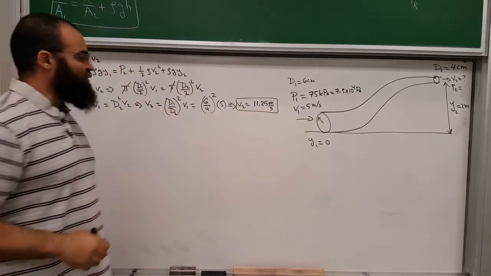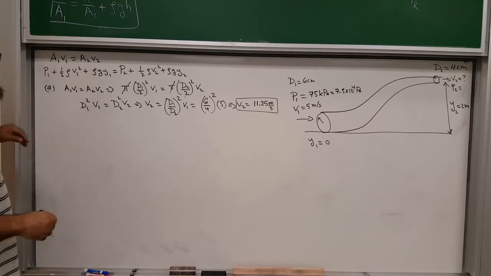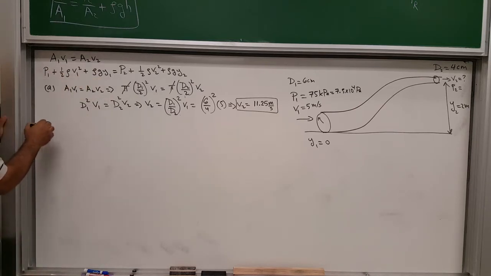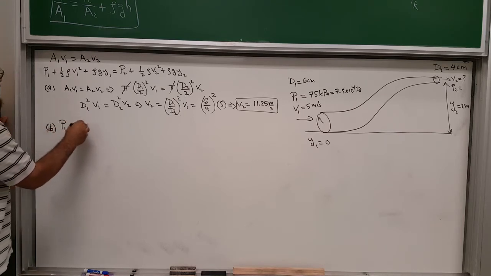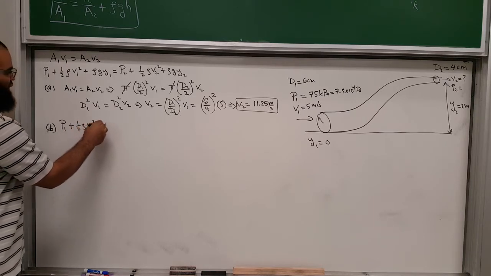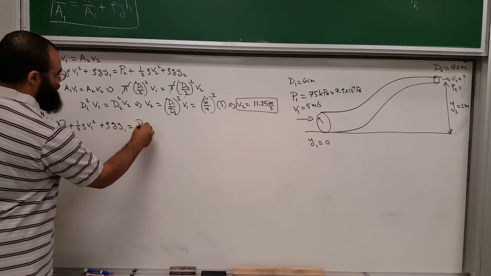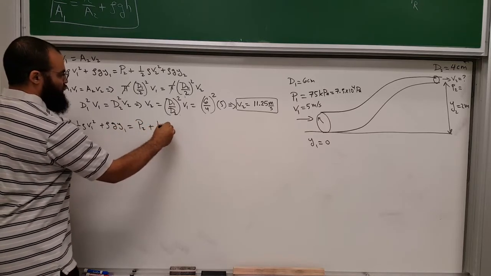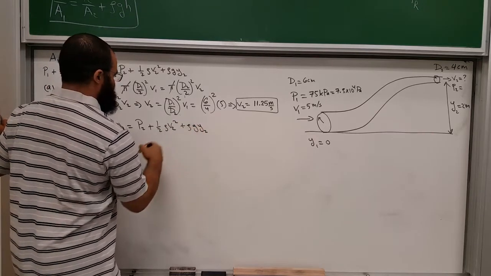And now pressure 2. The only thing in town that tells me what the pressure is is this equation, so I'm going to use it. For part B, pressure 1 plus 1/2 rho V1 squared plus rho g Y1 equals pressure 2 plus 1/2 rho V2 squared plus rho g Y2.